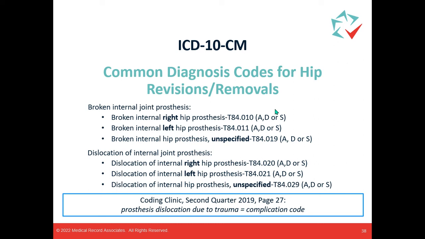It's a complication code. And then you'll also want to be sure to report the appropriate code to capture the circumstances of that traumatic fall from Chapter 20. So definitely check out that Coding Clinic for more information.